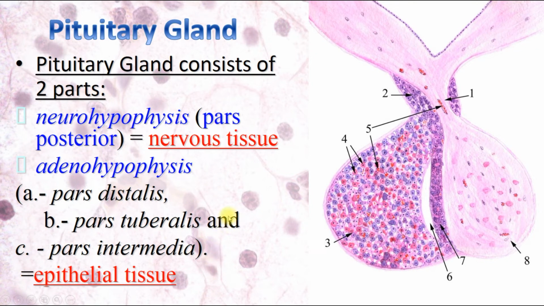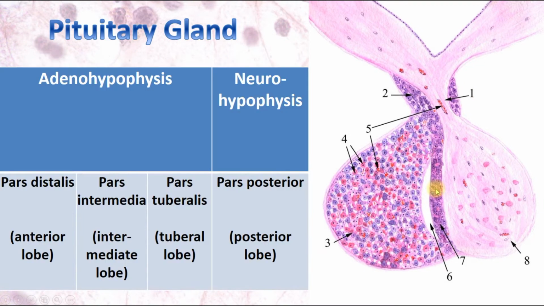So the pituitary gland or hypophysis consists of two parts. It's the neurohypophysis or pars posterior, made up of nervous tissue, and the adenohypophysis, composed of epithelial tissue, which has three parts: pars distalis or anterior lobe, pars tuberalis or tuberal lobe, and pars intermedia or intermediate lobe of the hypophysis.